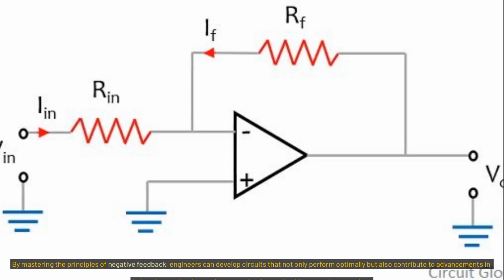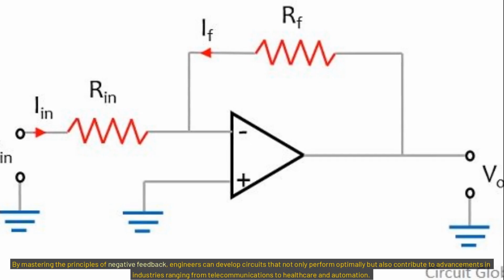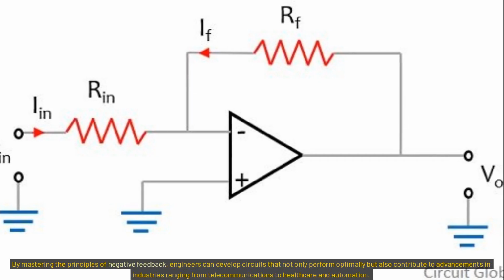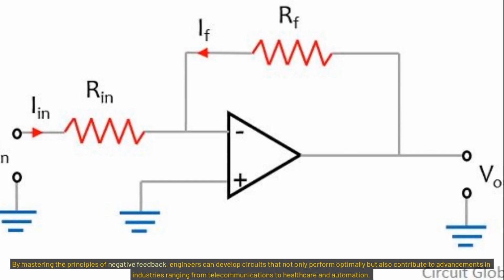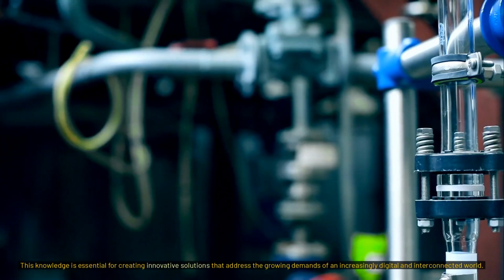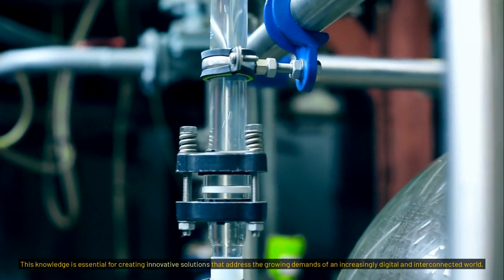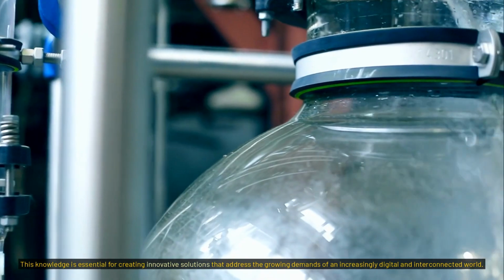By mastering the principles of negative feedback, engineers can develop circuits that not only perform optimally, but also contribute to advancements in industries ranging from telecommunications to healthcare and automation. This knowledge is essential for creating innovative solutions that address the growing demands of an increasingly digital and interconnected world.